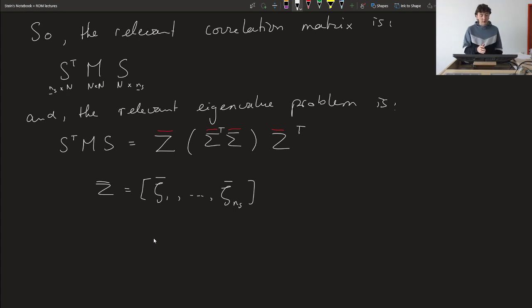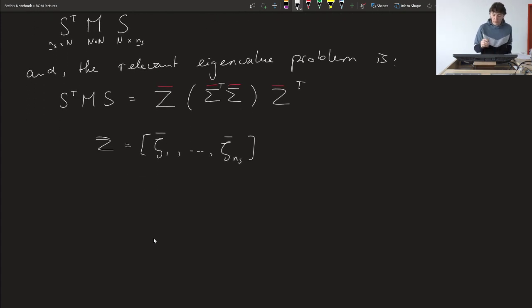The zetas are actually not the ones that we're interested in for our reduced order model. The basis vectors are the left singular vectors, the ones that fit in the U matrix, the xi's.